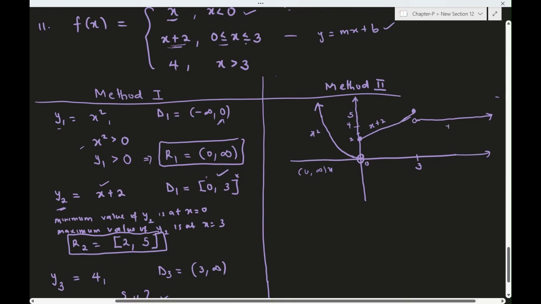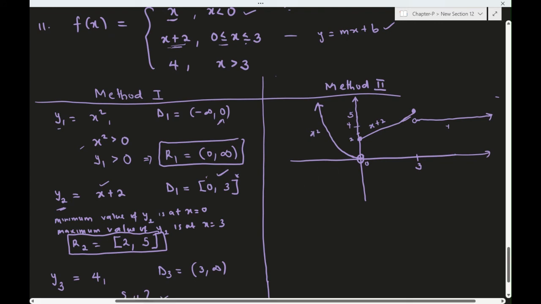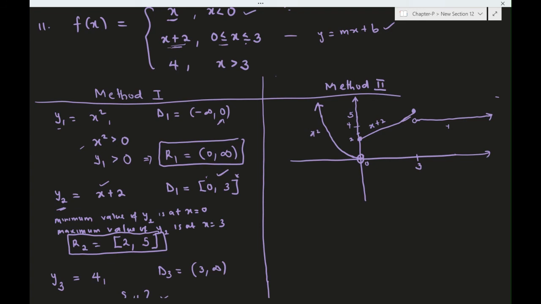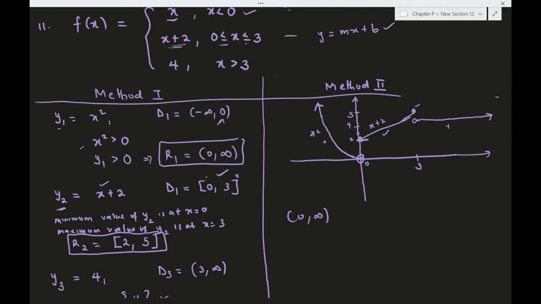Now, from this graph, we can easily pick what the range is. Look at the first piece. This is x squared, so you see the range is going to be this way. The range for this is just 0 to infinity. The range for the second piece is just the smallest value of y, which is 2, while the biggest value is 5 when you are at 3.